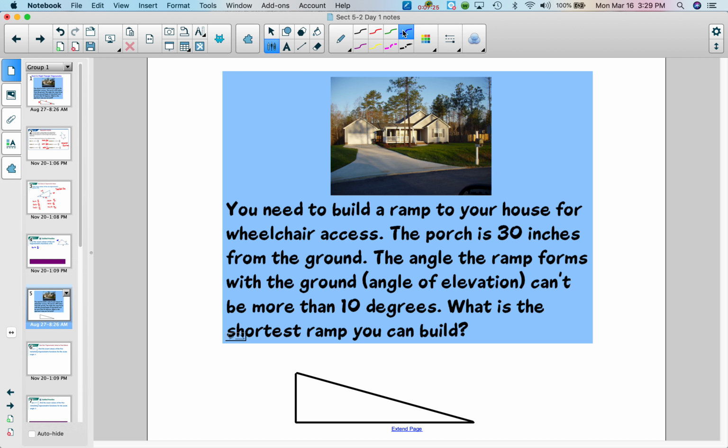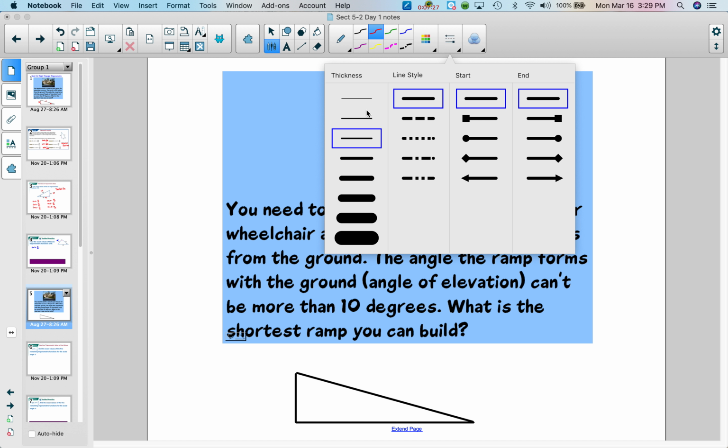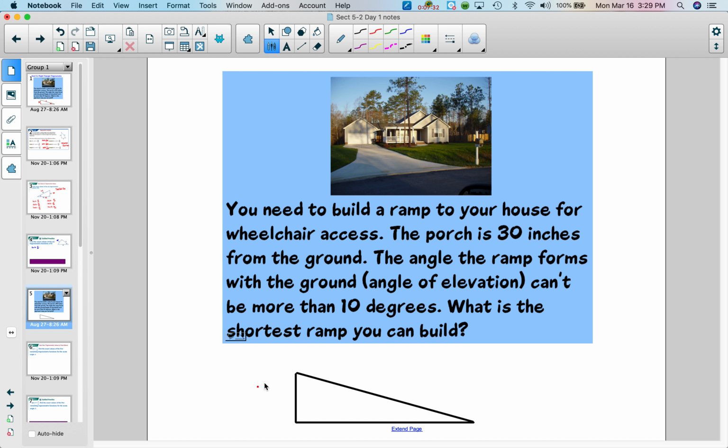So, going on to the next problem. Actually, it's back to this problem. We now know enough information to solve this. Remember the 30 inches was here. We're solving for r, and this is 10 degrees. My angle is 10 degrees.